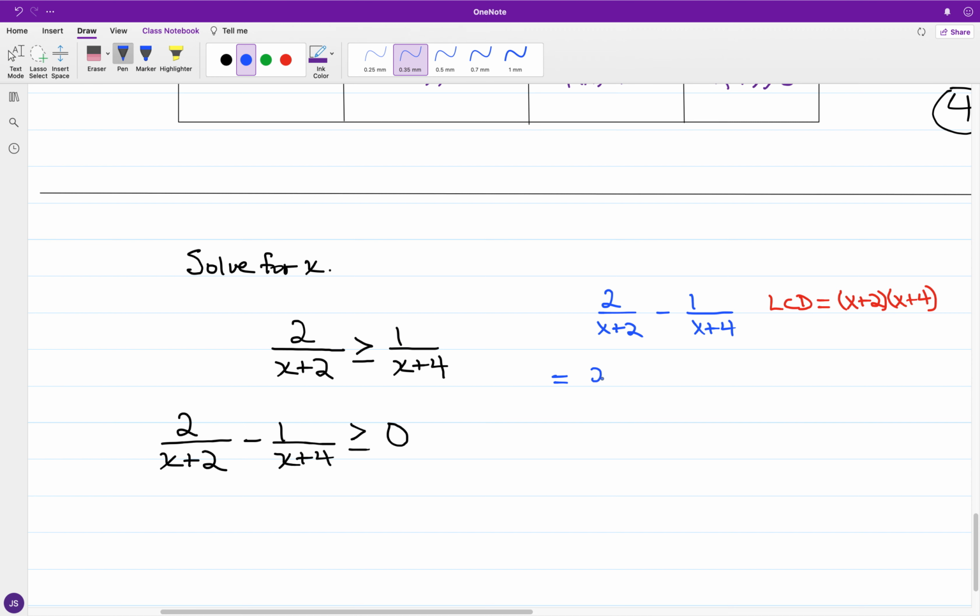Now I have 2 over x plus 2, and I have that part of the least common denominator, but missing is x plus 4. So I'm going to multiply this ratio by 1 in the form of x plus 4 over itself. Then we have subtracting 1 over x plus 4.